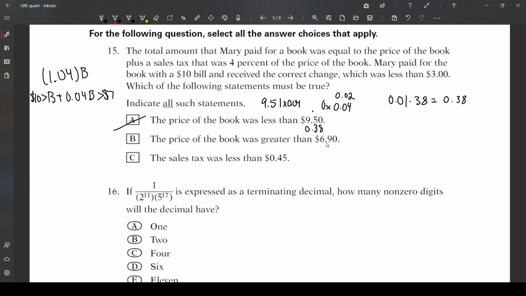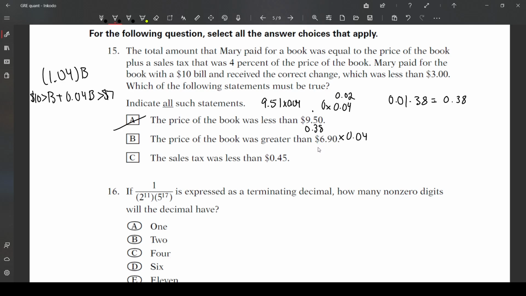Price of the book was greater than 6.9. So again, we can check, can it be equal to 6.9? So let's check. So we want to do this times 0.04. So the sales tax has to be under $7 or under 10 cents, but I don't think that's going to be the case.